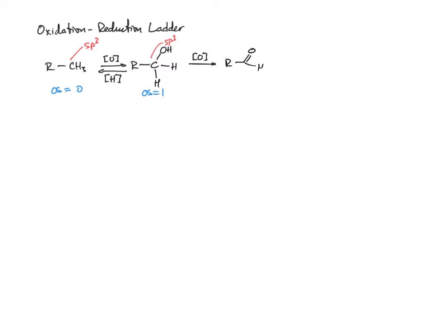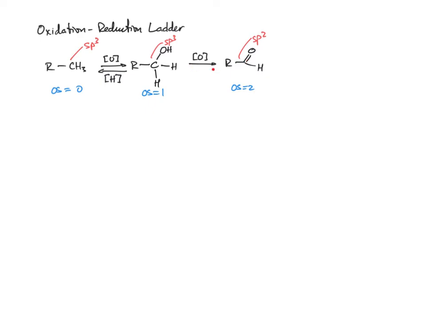So now we would call this an aldehyde functional group. Notice as well the hybridization at this point changes. It's sp2 hybridized. We're counting the bonds, so we're in an oxidation state of 2. So 1, 2. So it's a carbonyl.